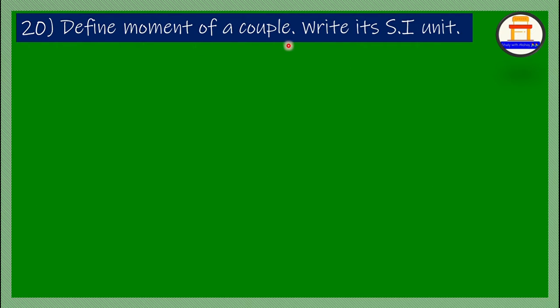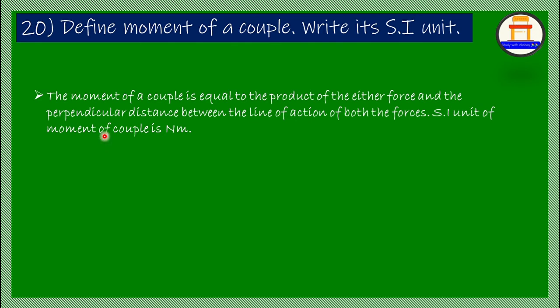Define moment of couple. Write its SI unit. First, let's define it. The moment of couple is equal to the product of either force and the perpendicular distance between the lines of action of the two forces.